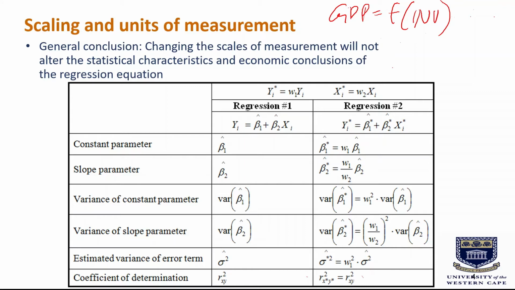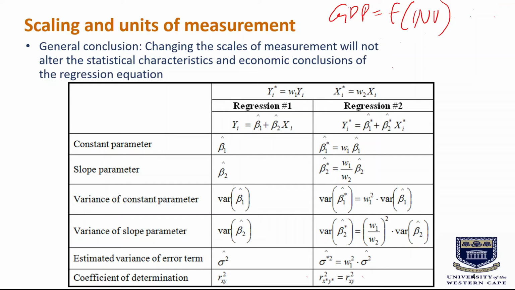Now, if we want to convert that to make it comparable to estimates that were determined with units of measurement in billions, so some other researcher ran the same regression, maybe for a different time period or whatever the case may be, it's the same model, but both GDP and investment were measured in billions rather than trillions. So you want to convert your beta 1 hat and beta 2 hat to make them comparable to the research that you want to compare to. You want to convert yours from your measurement scale from trillions to billions.